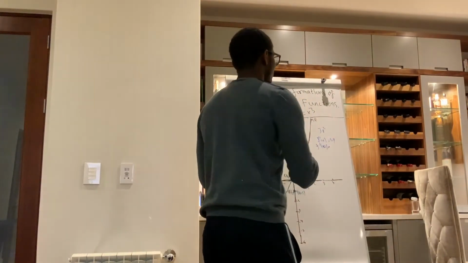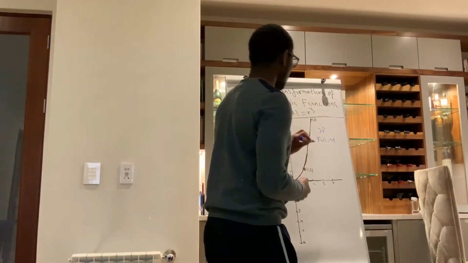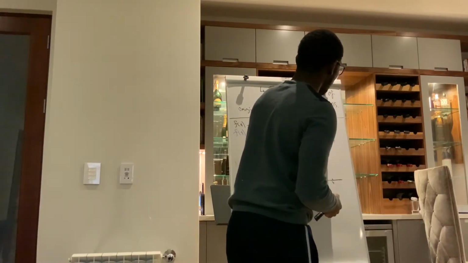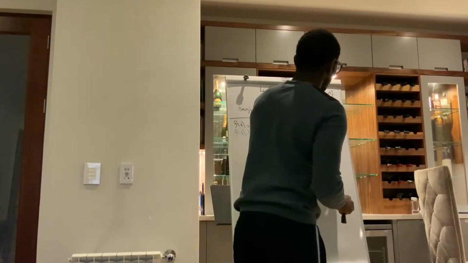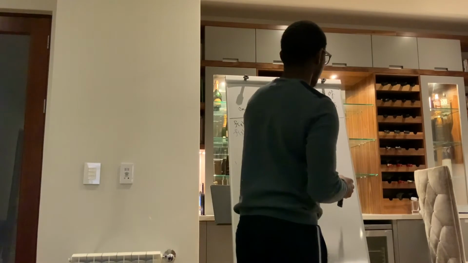We evaluate the second derivative at the stationary point. So we evaluate it at 0, which is f double dash of 0. And what we get out is 0, so 6 times 0.